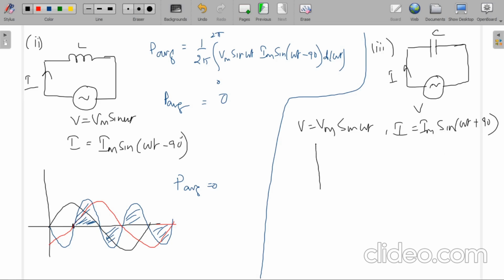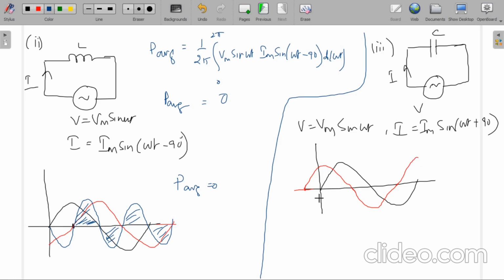Coming to the wave diagram, let this be the voltage, the current waveform will be like this. It starts from here, earlier than this waveform. This is 90 degrees ahead of this waveform. Then this will be the current waveform.